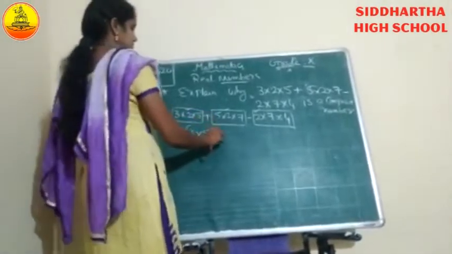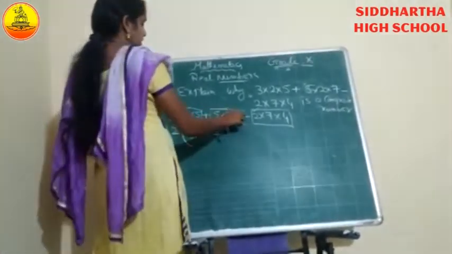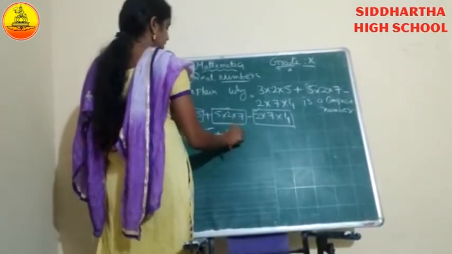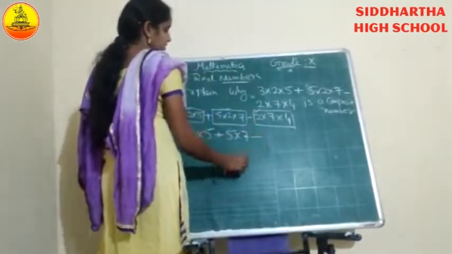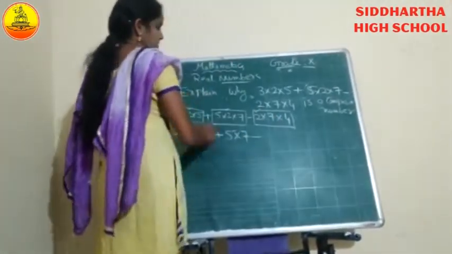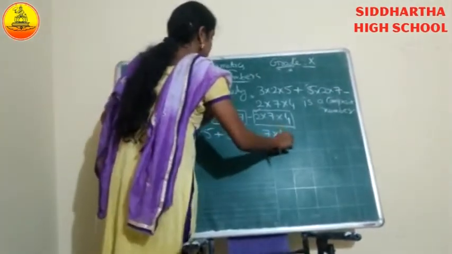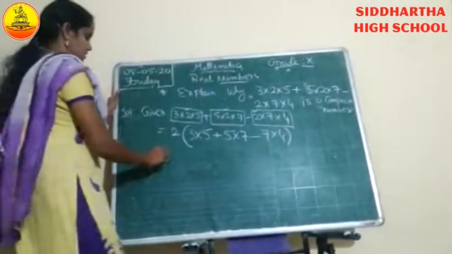Next, plus. Next, what is left here? 5 into 7. Write 5 into 7. Next, which symbol is there? Minus. Write minus. What is left here? Already 2 we took common. So 7 into 4. Now completed all. So close the bracket.